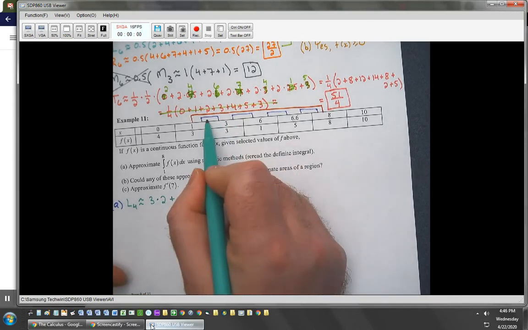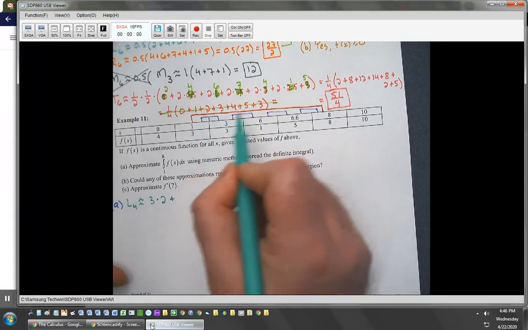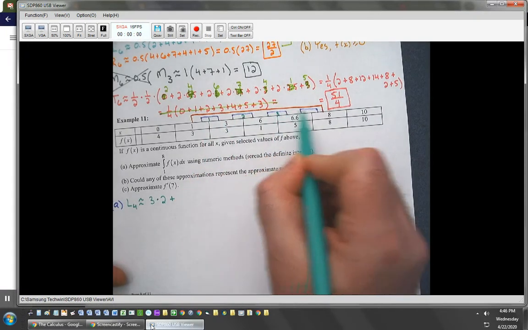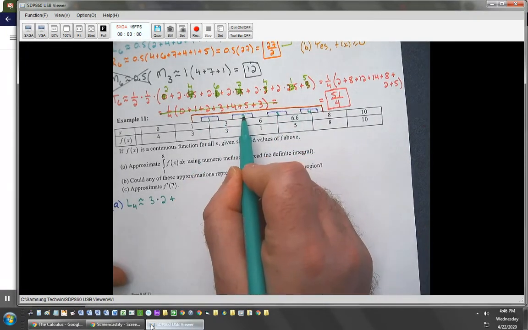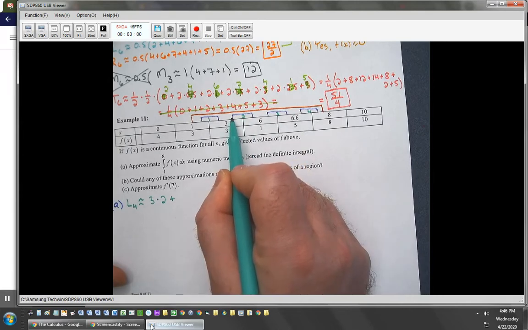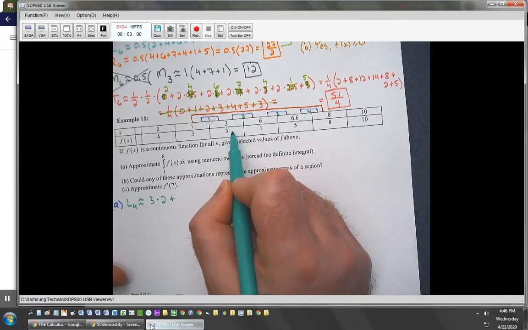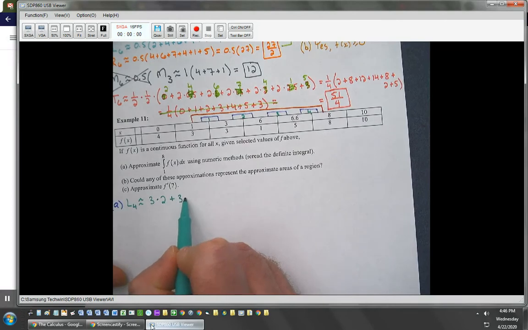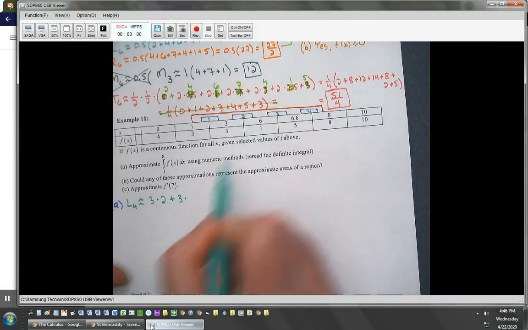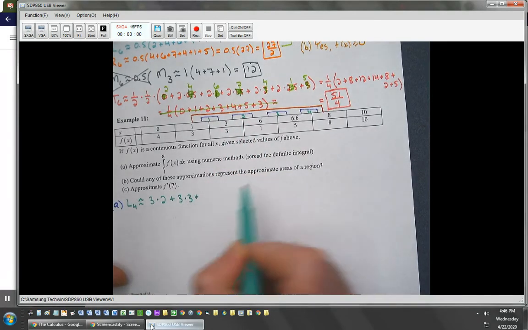Plus, now this is interval 1, this is interval 2, this is interval 3, this is interval 4. Now I'm in interval 2. I go to the left-hand side. How high is my function? 3. How wide is my interval? Also 3.